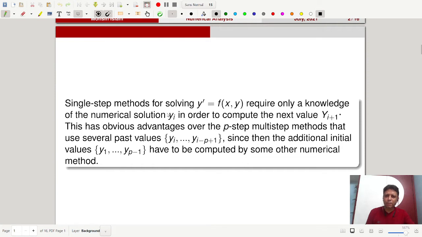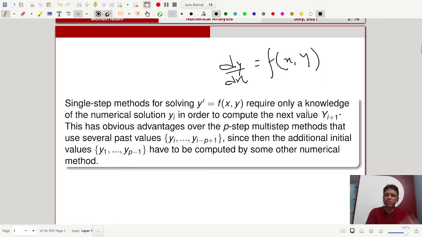So, single step methods for solving dy/dx = f(x, y). If I write the initial value problem, dy/dx equal to a function of x, y with some initial conditions, these methods require only a knowledge of the numerical solution y_i in order to compute the next value y_(i+1).